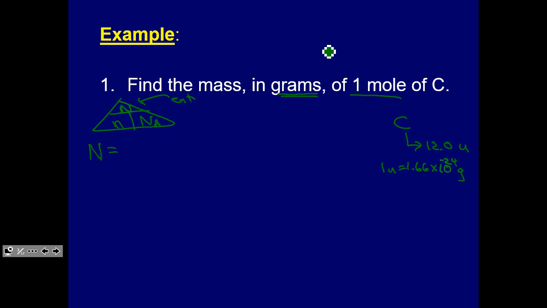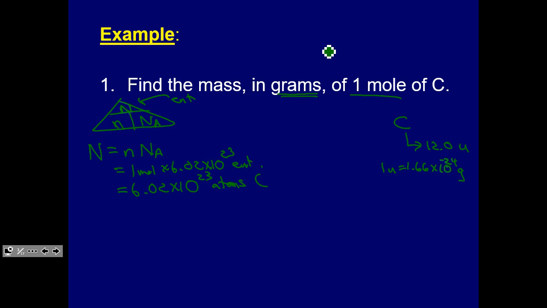Entities is equal to moles times Avogadro's number. Well, I have one mole. Avogadro's number is 6.02 times 10 to the 23 entities per mole. That means I have 6.02 times 10 to the 23 atoms of carbon.